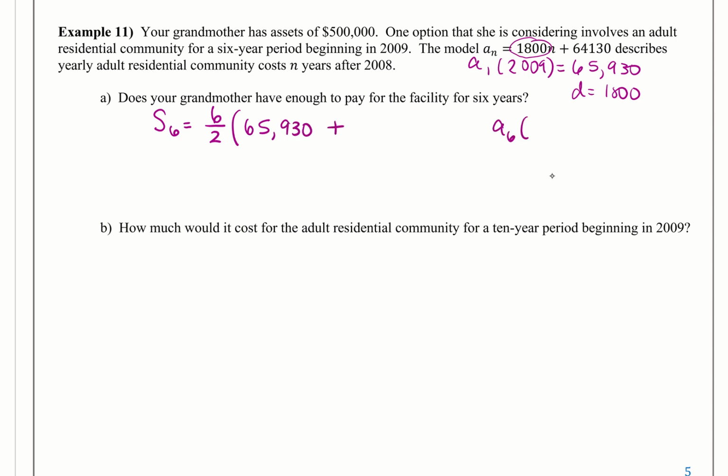So at the end, 6 years later, after 2008, would be 2014. And so we would do 1,800 times 6, and then plus that 64,130. When we calculate this, this would be our total.